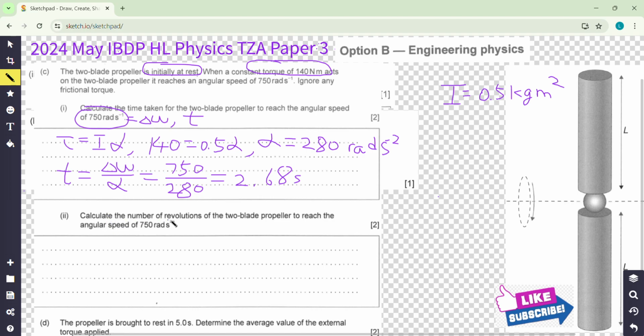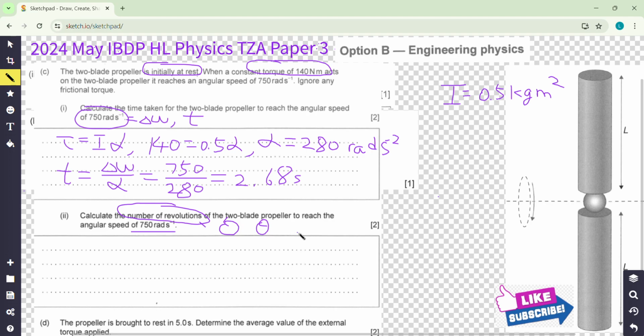Calculate the number of revolutions of the two-blade propeller to reach the angular speed of 750. Number of revolutions means a movement, right? It means you need to find the angle, theta, traveled, rotated by the system.